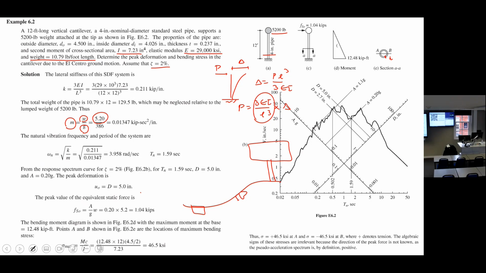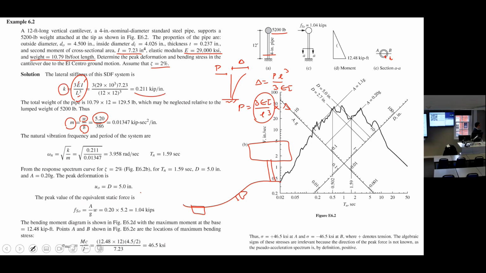Stiffness for a cantilever is 3EI over L cubed. We had this in several examples in this module for the cantilever system. So you have E, you have I, you have L, you can calculate K, and this is your K.